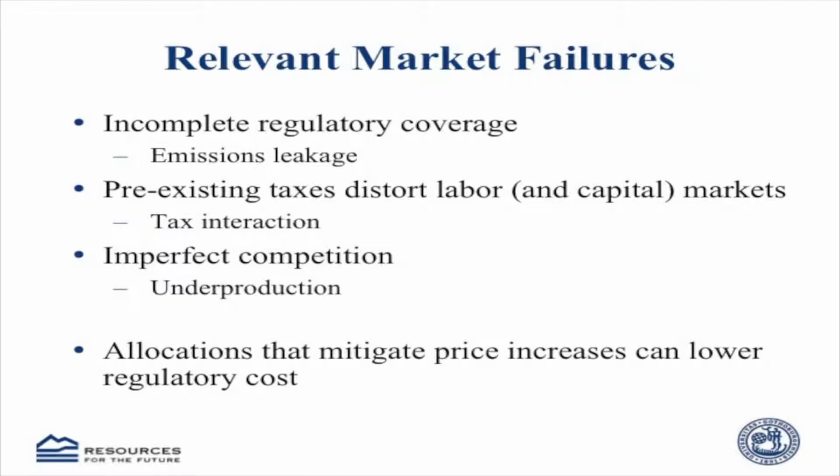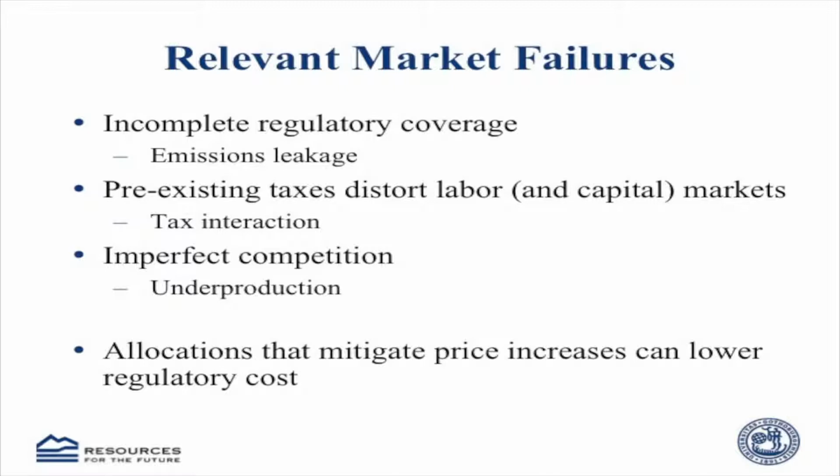So in the tax interaction literature, the problem is that when you have a tax on labor, say, you're putting a wedge between the supply and demand curves of labor. So anything then that further diminishes labor supply has an additional efficiency cost because you already have this wedge in there. Labor is already being undersupplied because it's taxed.